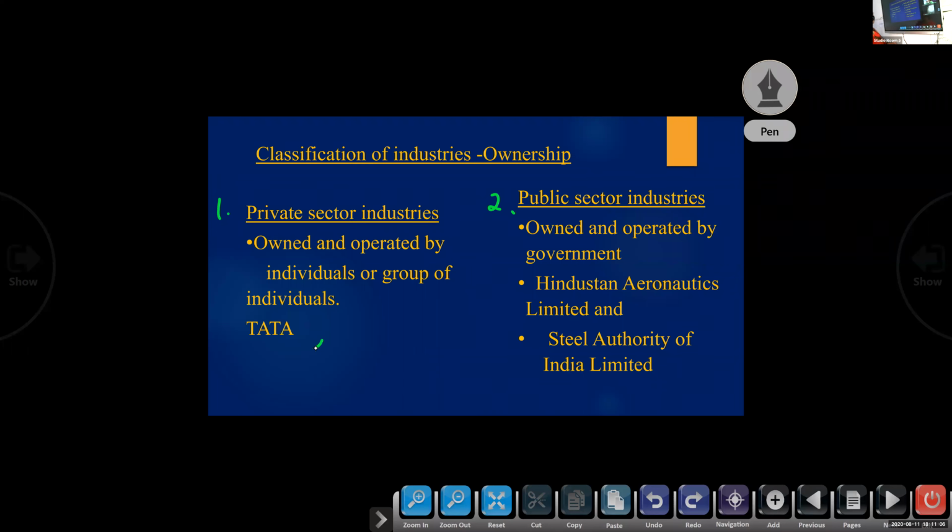All these are examples of private sector industries. Clear, Benedict? Tata is a private sector. Reliance is a private sector.